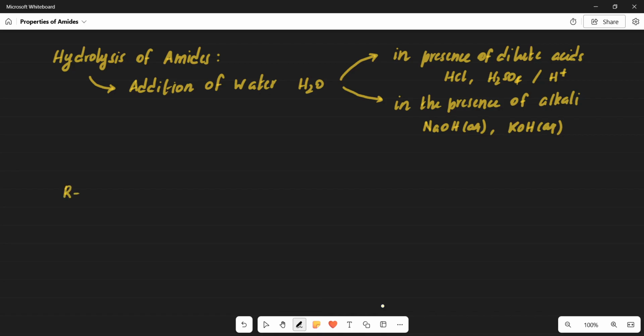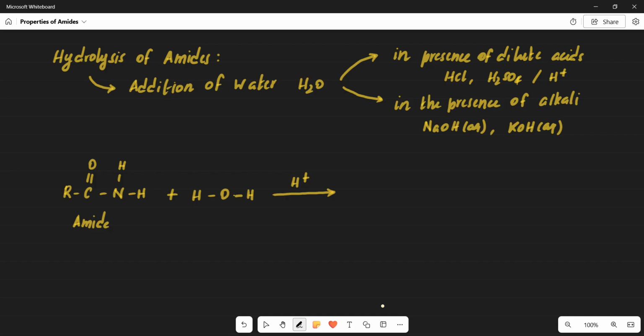So let me take first a simple amide. Let's say R C double bond O NH2. This is a simple amide, not a substituted amide. I am using water. Water I can write like this. This happens in presence of dilute acid.